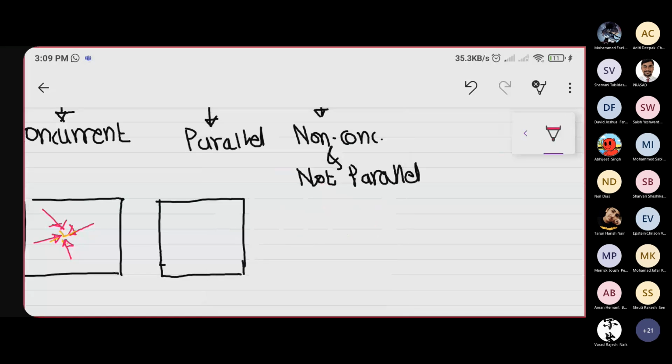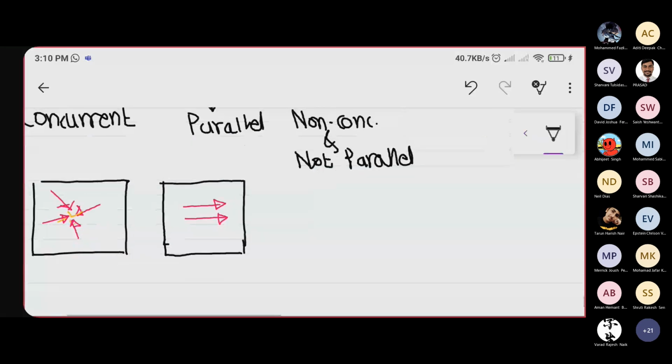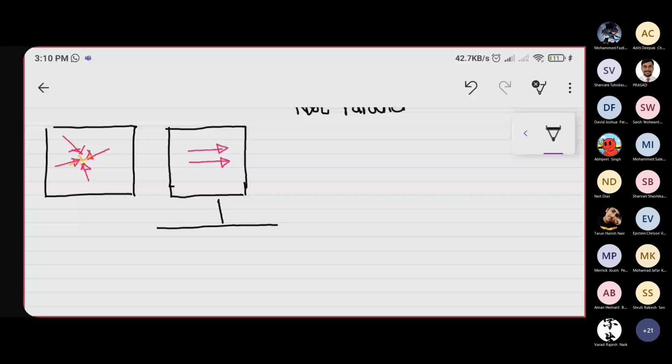Okay, so now we will define what is meant by parallel. Parallel means the forces are aligned in such a way that the distance between the two forces will remain constant. Okay. Now this parallel is also classified into two types, that is like and unlike.